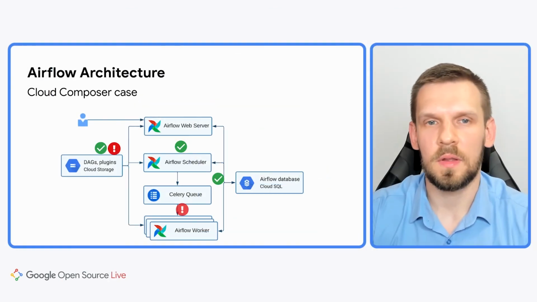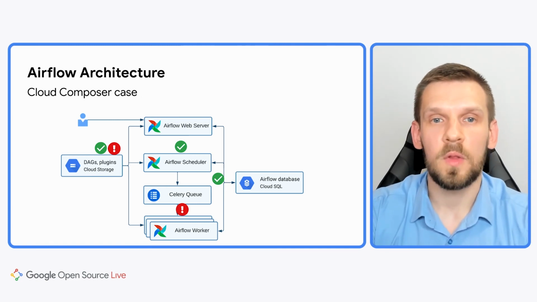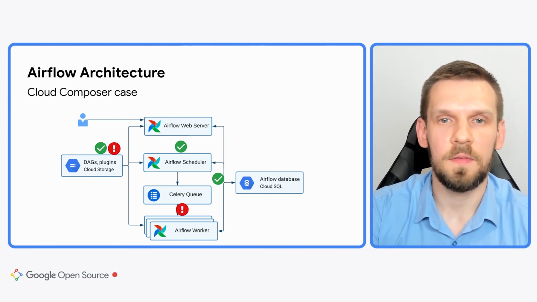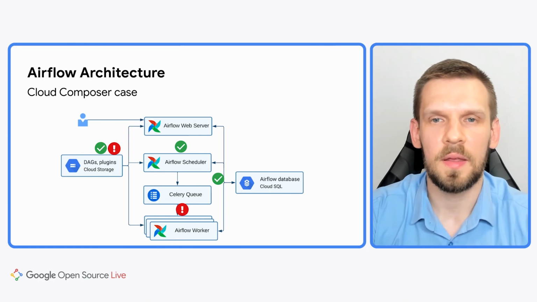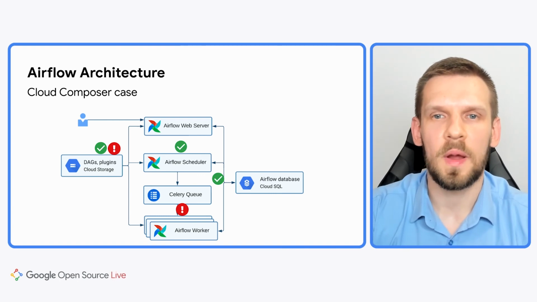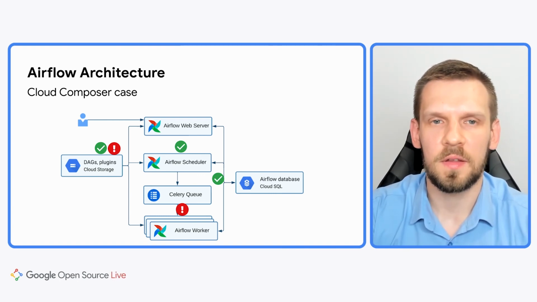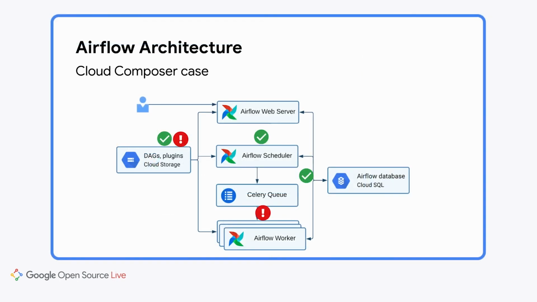What about other problems? The problem with workers running different tasks can be solved by using the existing Kubernetes executor. It will create a dedicated Kubernetes pod for each task, of course at the cost of inter-task latency. Currently, in the community, there are some AIPs that could help there.